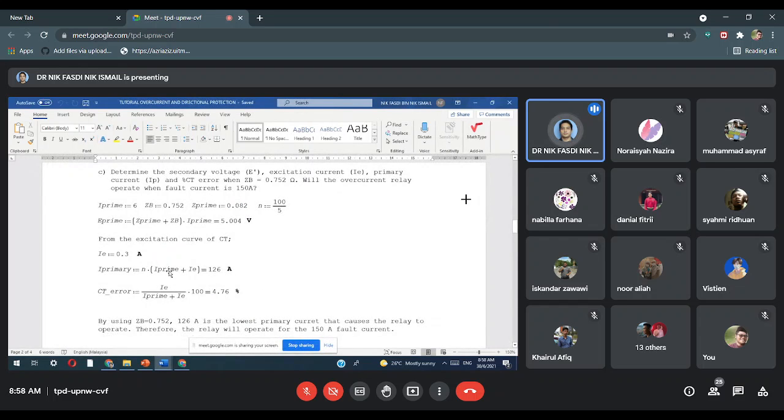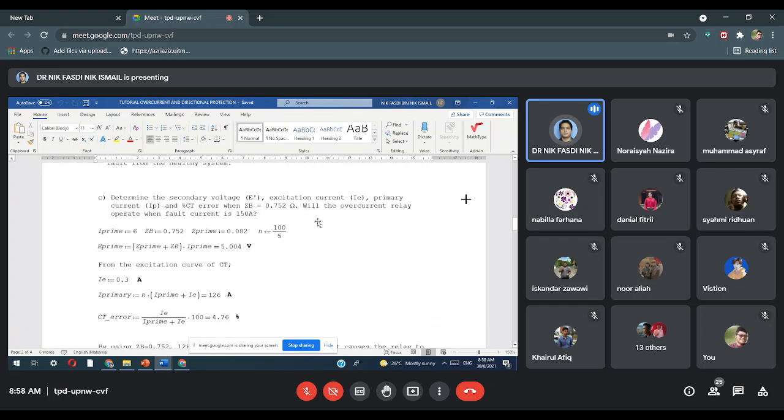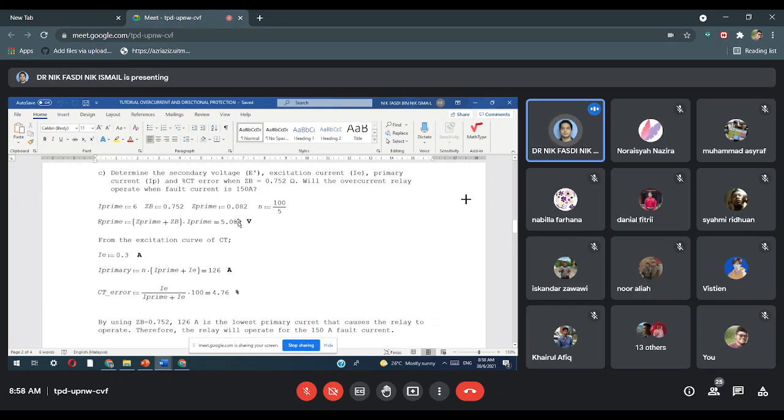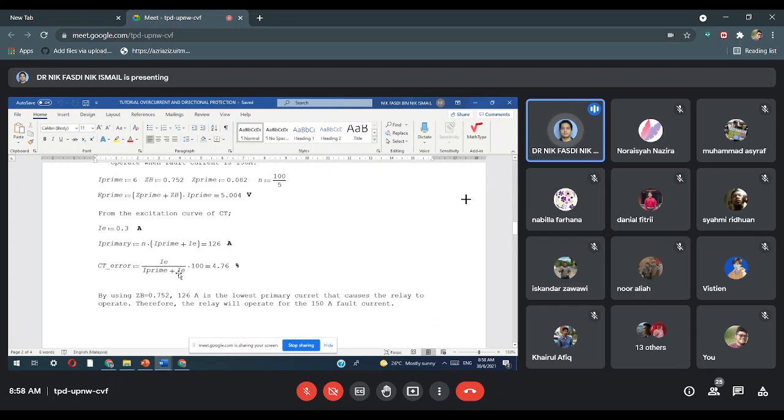This is the ratio I prime, this one, plus the I excitation, dapat 1 to 6 ampere. Okay, soalan dia, will the overcurrent relay really operate when the fault current is 150? Dia operate ke tak? Okay. Then later on kita cari lagi.